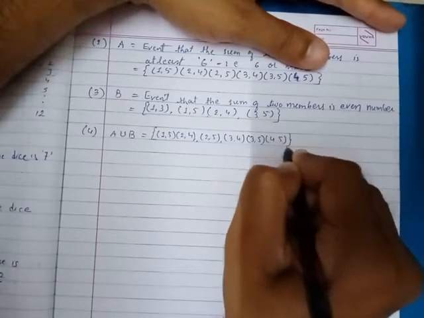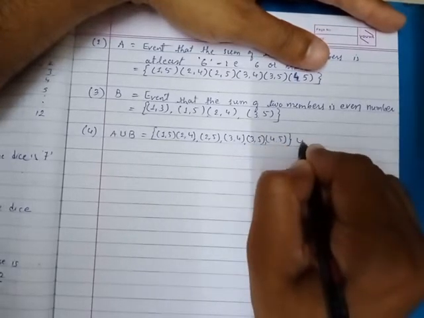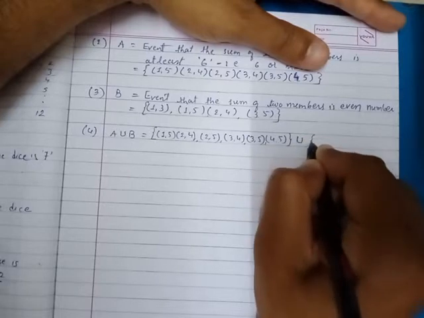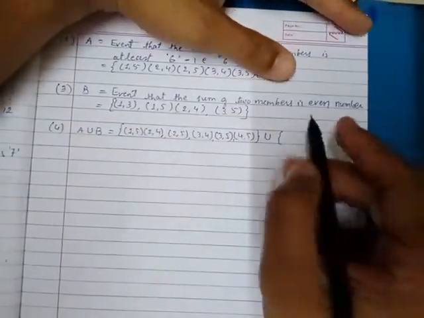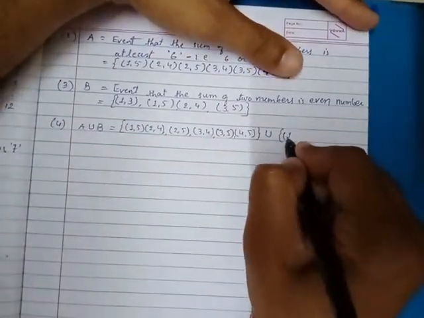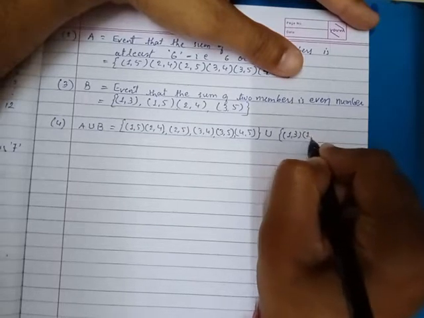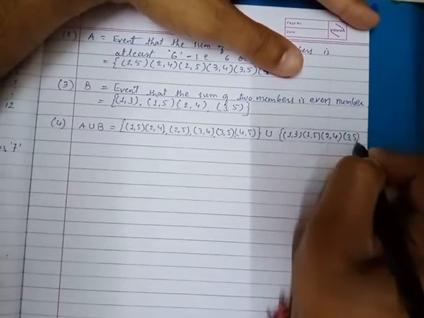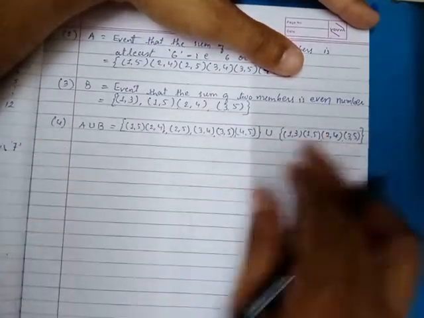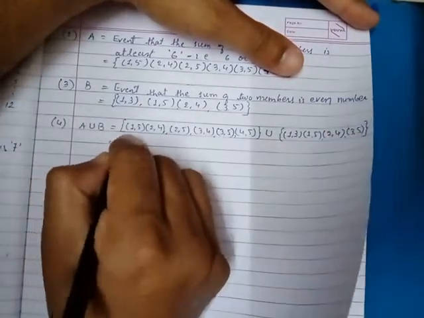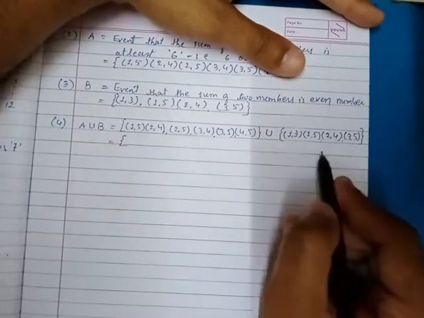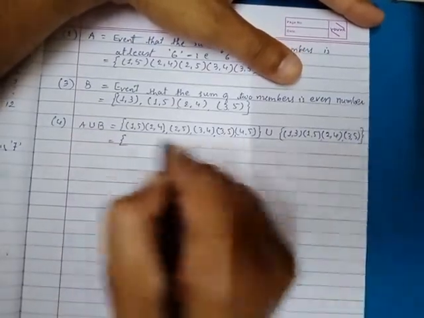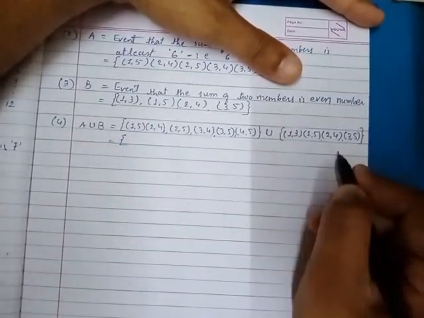These are the outcomes of event A. Union, sign of union over here. Now event B, the outcomes of event B we have to write: 1 3, 1 5, 2 4 and 3 5. Now these outcomes we have to write in a single set function, right? Repetition we have to write only one time, and in order we'll write according to the outcomes we have.